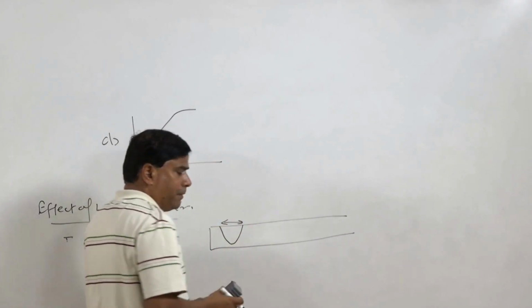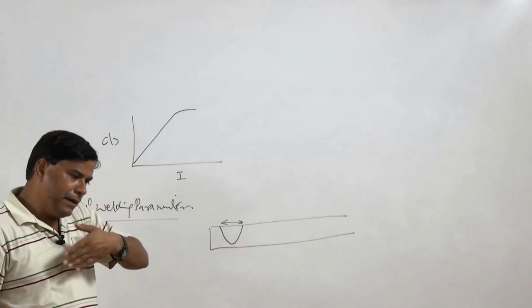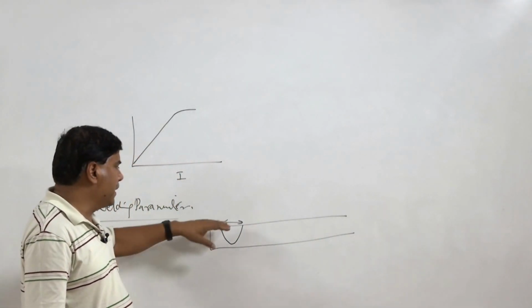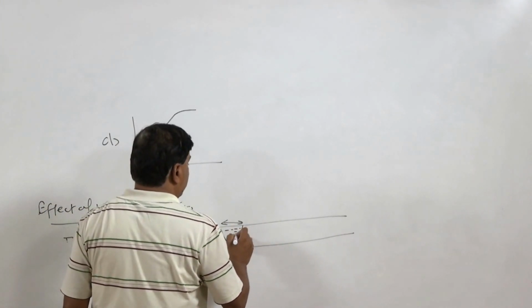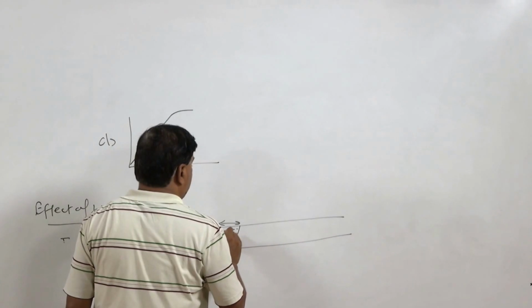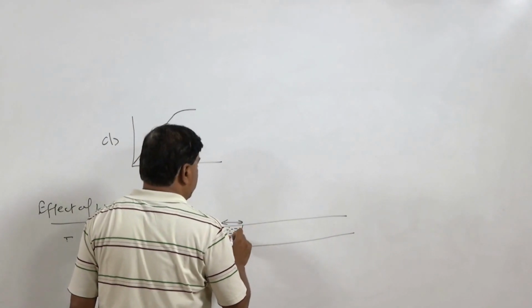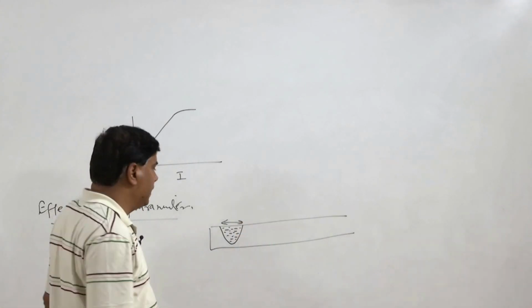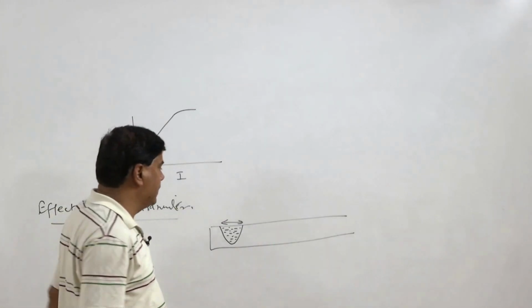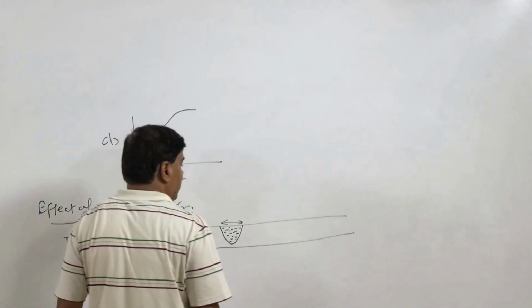By reducing the welding speed, we can keep on feeding heat to the molten metal. This does not help much in achieving deeper penetration, but increases the width of the weld, thereby increasing the cross sectional area of the weld.